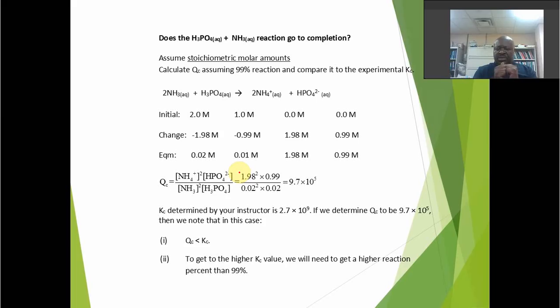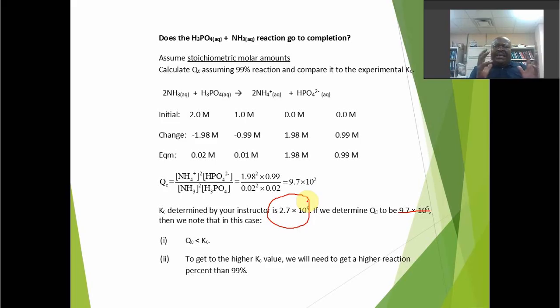What we're going to do in this check is find out how it compares with the actual equilibrium constant. So, here's my Qc. Here's my equilibrium constant that I just calculated. Qc is much smaller than Kc.